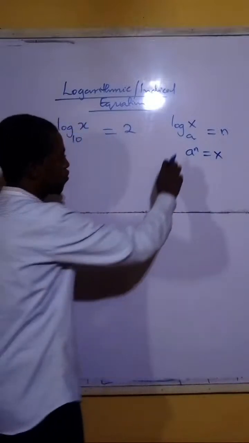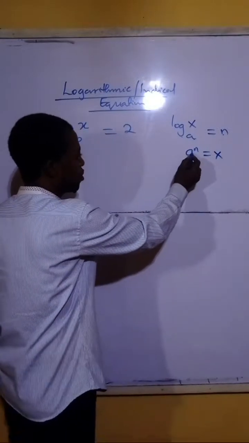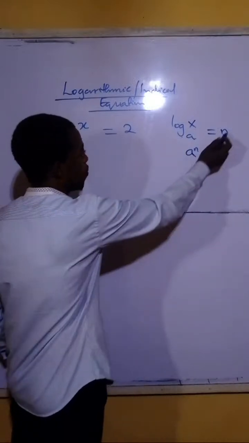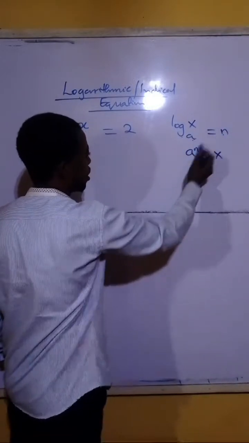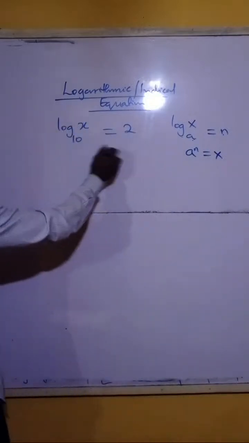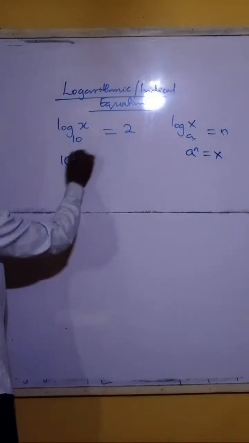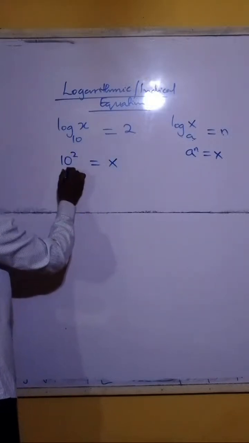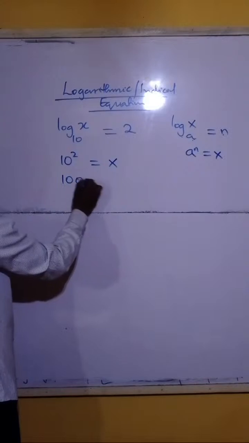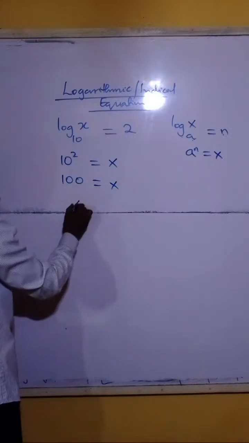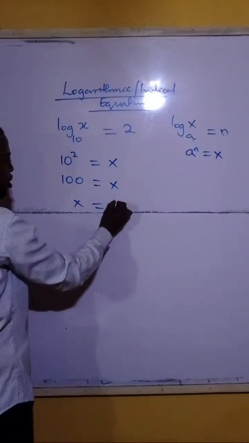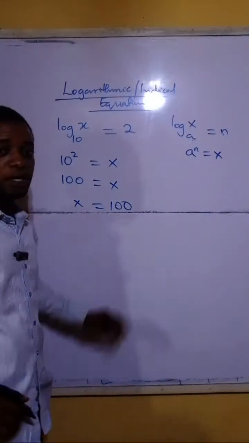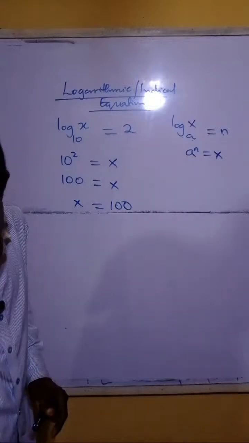Now, the base of this logarithm is still serving as the base of the index, which is raised to power what is on the right hand side. When we relate that here, we can say this is 10 raised to power 2 equals x. And 10 raised to power 2, that's 100. So we can say that x equals 100 from here.